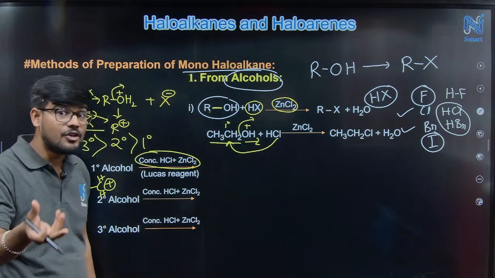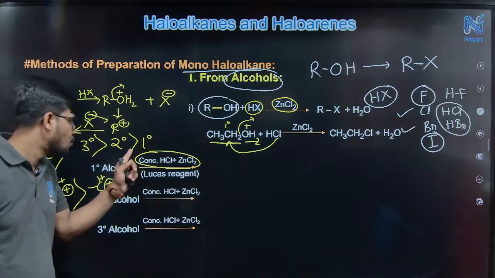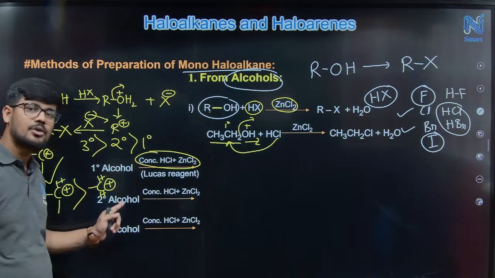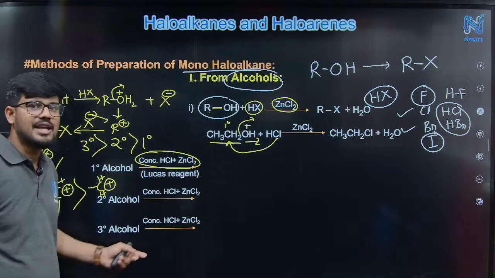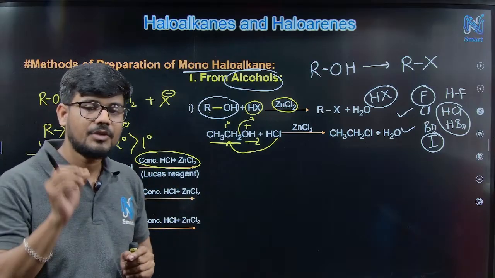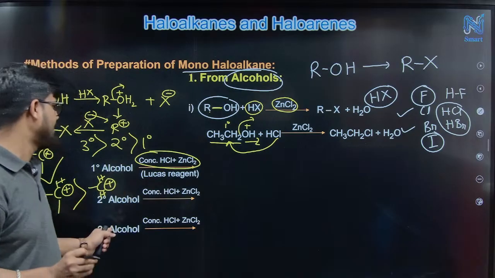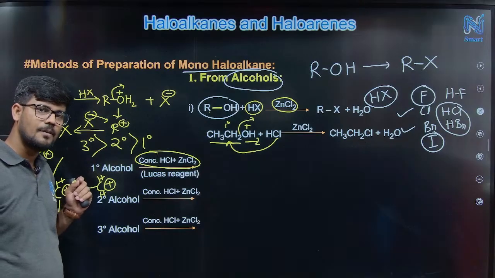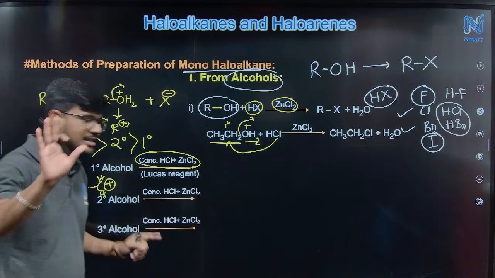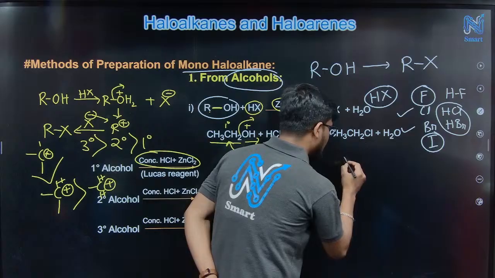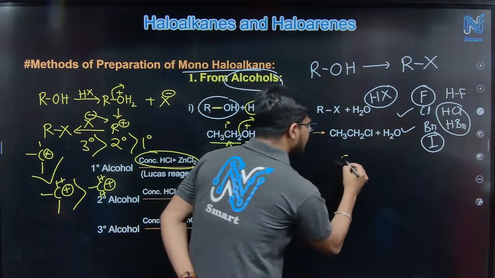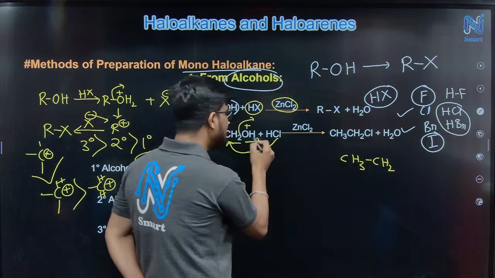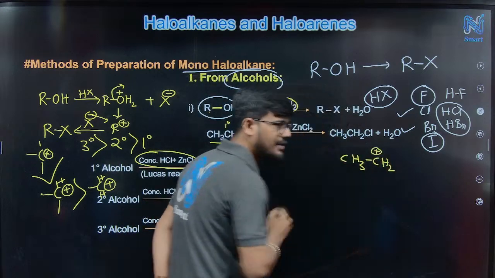We are focusing on that observation, means how we will distinguish 1 degree alcohol, 2 degree alcohol, and 3 degree alcohols among them. So tell me, whenever we have 1 degree alcohol, just focus on this. 1 degree alcohol means this one, CH3 bond CH2. After removing this OH2, you will get this carbocation, correct?